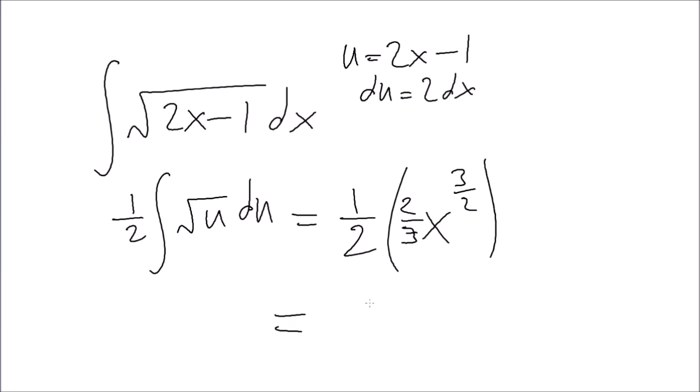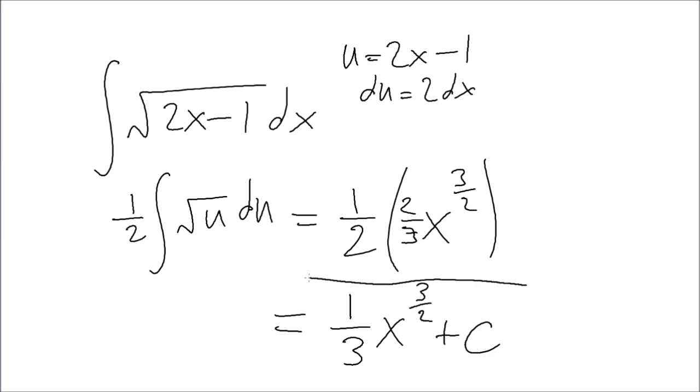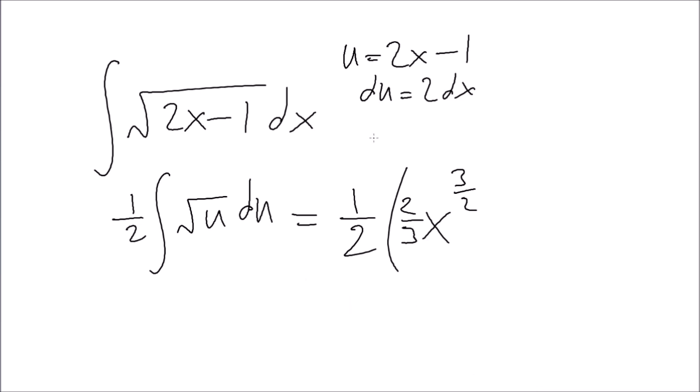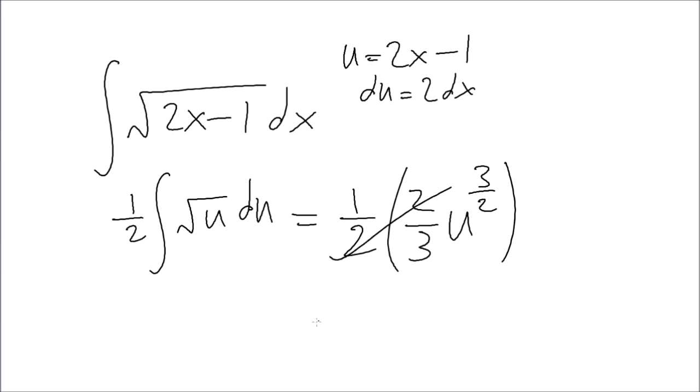You can simplify this, I guess. So this becomes 1/3 plus c. Okay? Oh, what am I doing? No. Why is it in terms of x? I don't know why it's in terms of x. This is what happens when you... Oh god. Don't go too fast like me. I'm so used to being fast.